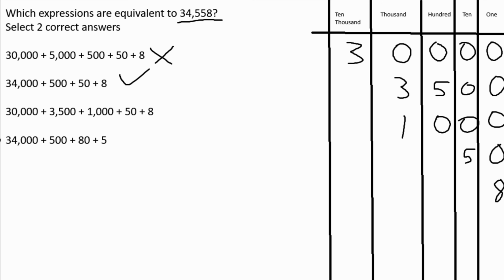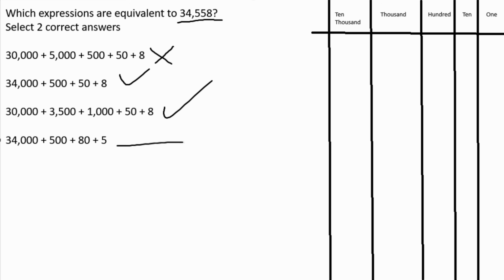We have 8. All right, so let's add this together. Notice we have a lot of numbers here, but we have to start to add everything up. 5 in the hundreds, 3 and the 1 makes 4 in the thousands, and a 3 in the 10,000s. This is correct. It looks just like the number in our question stem. All right, let's check our last answer choice.